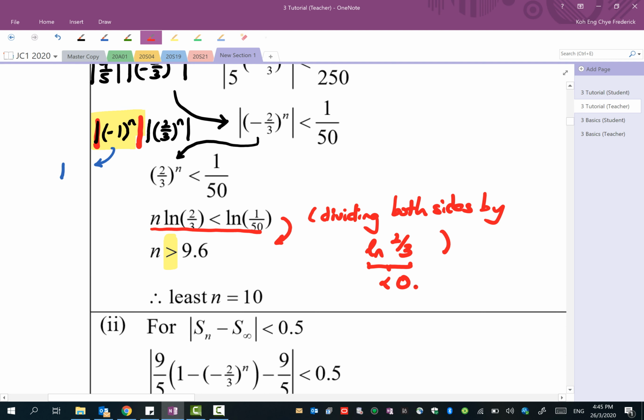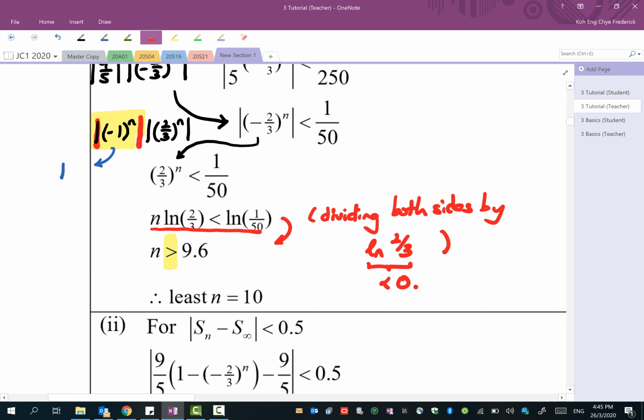So in inequalities, when you divide by a negative number, you have to change the sign. If you understood this, for part 2 and part 3, don't look at the solutions next. You might want to pause this video and try on your own first.